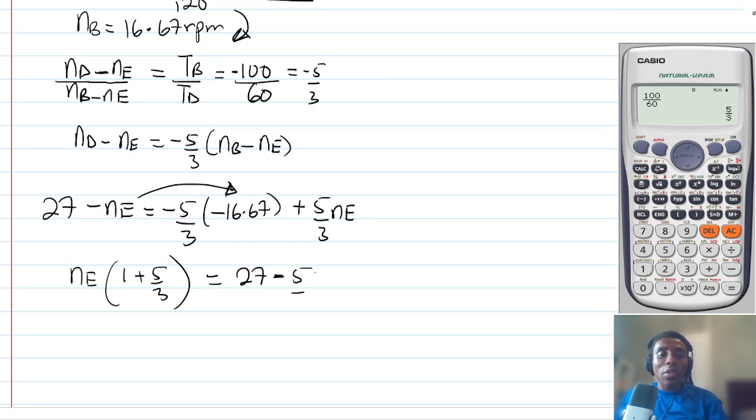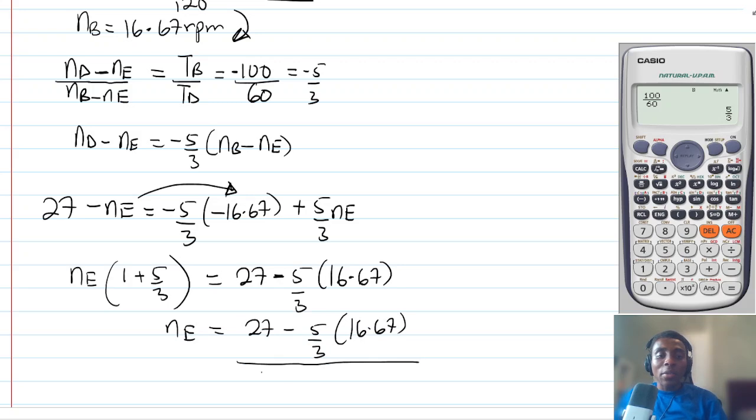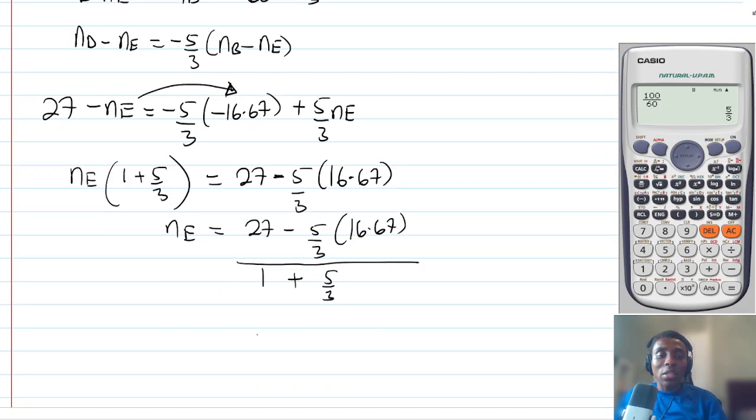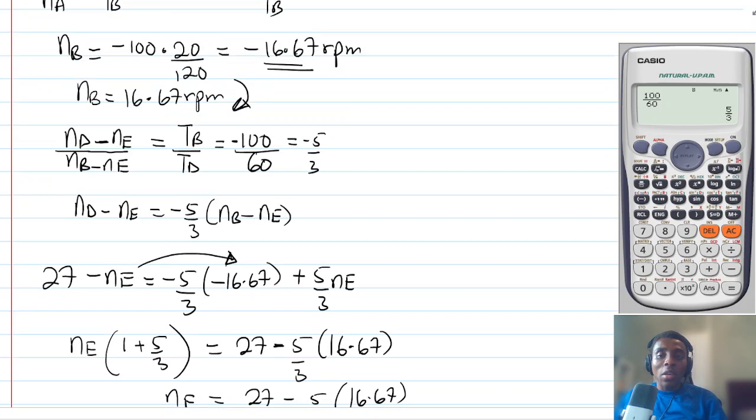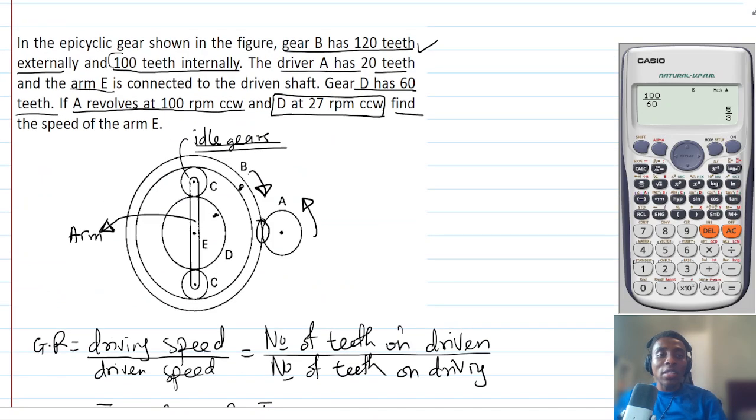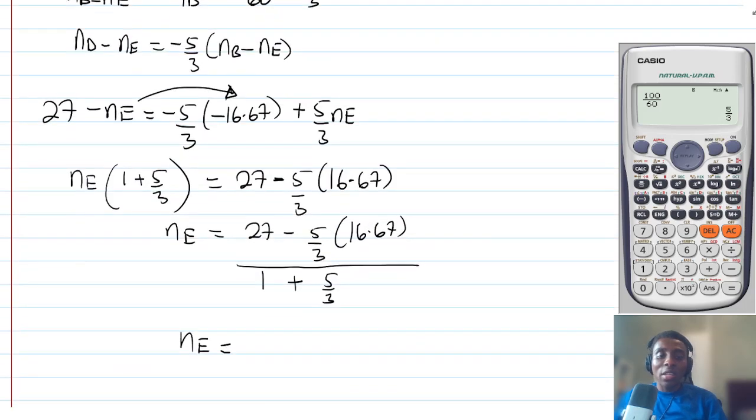So NE will be 27 minus 5 on 3 times 16.67, all divided by 1 plus 5 on 3. That's basically the speed of the arm E. The question was saying we should find the speed of arm E, so that's the answer. Let's punch it in and then we are done.